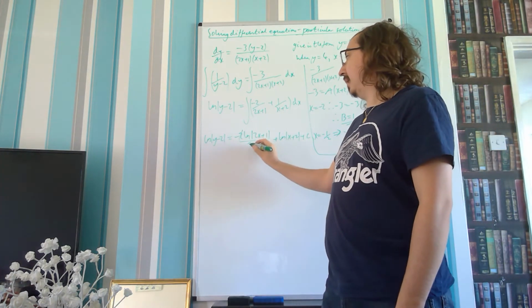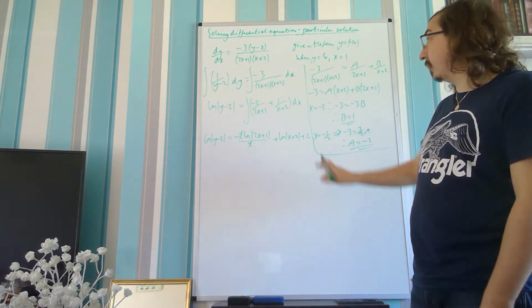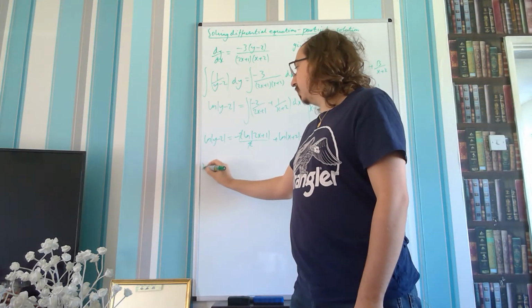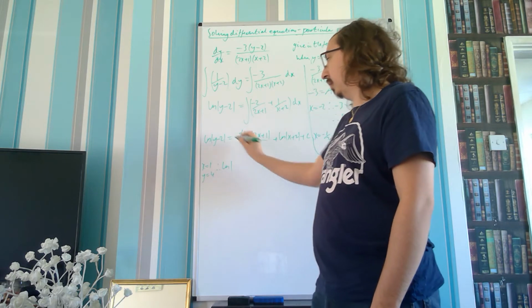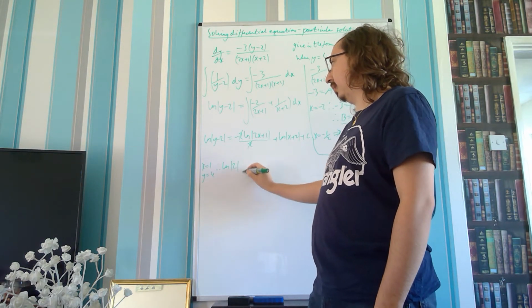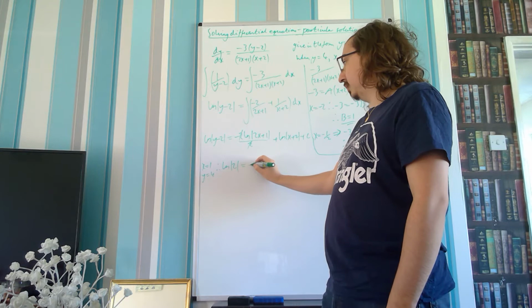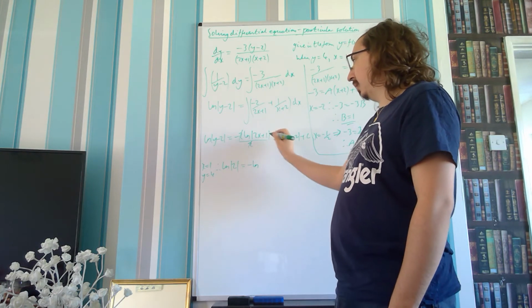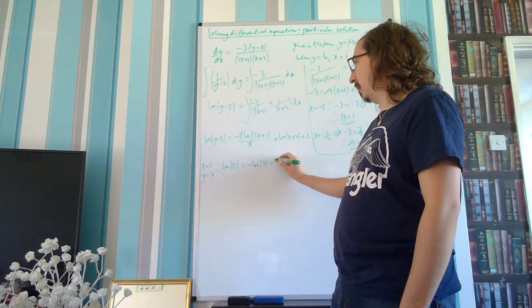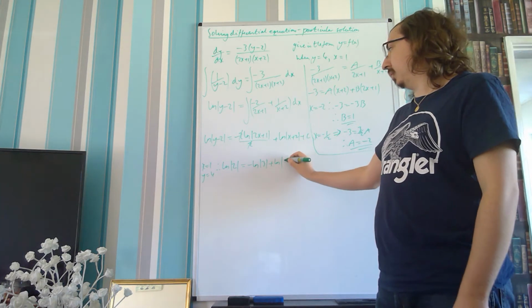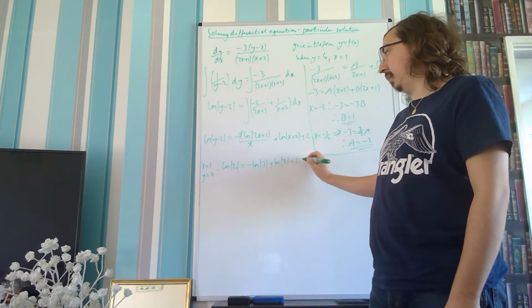Let's simplify this slightly and get rid of those 2s. So when x equals 1 and y equals 4, 4 minus 2, you've got the natural logarithm of 2, is equal to minus ln of 2 times 1 plus 1, which is 3, plus ln of 1 plus 2, which is 3, plus c.